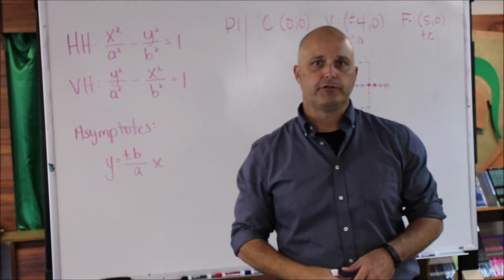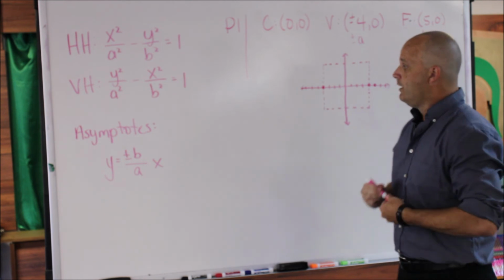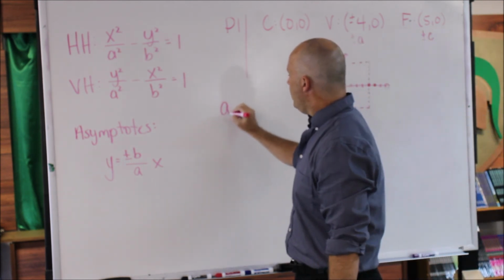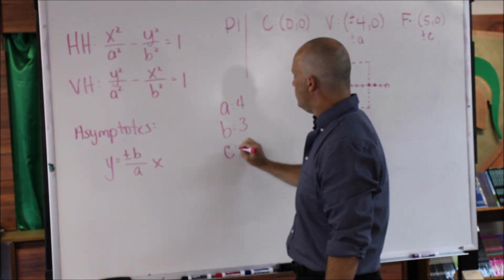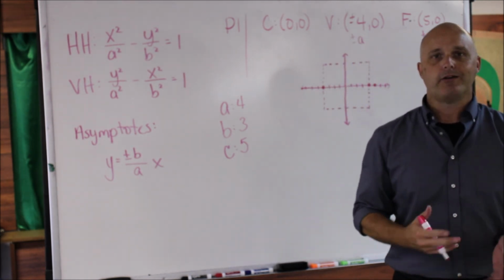The next thing that we're going to do is go ahead and sketch out our hyperbolas. To be able to do that, we need our asymptotes. So go back to all the information that we've got so far. We know that a is equal to 4, b is equal to 3, and c is equal to 5. Now really, to sketch out our asymptotes, all we need are a and b.